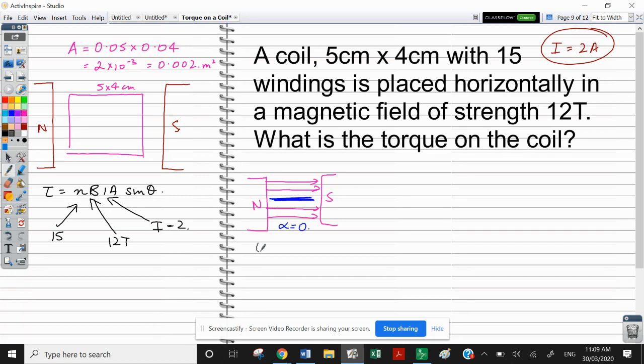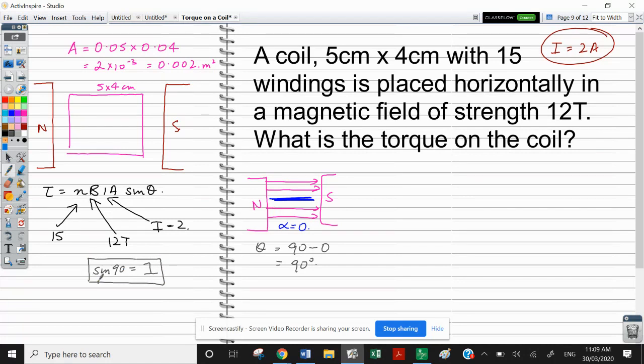So theta is equal to 90 minus 0, which is 90 degrees. We want torque to be maximum, and sine of 90 degrees is 1, which is the maximum value.